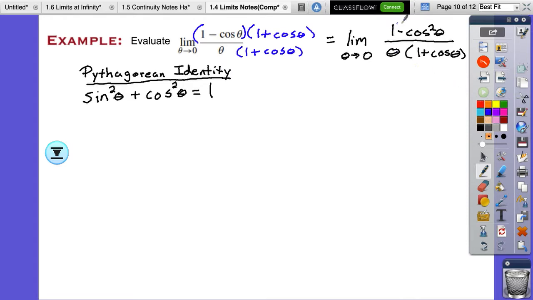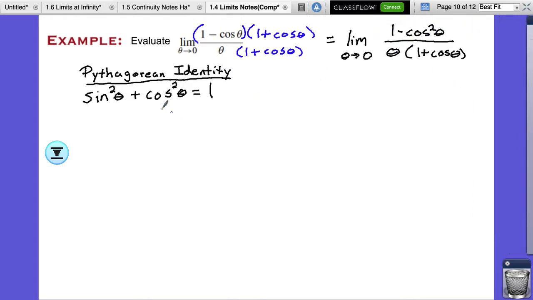That numerator is just the Pythagorean identity messed around a little. If you subtract the cosine squared from the left over to the right, you get that sine squared is equal to 1 minus cosine squared.